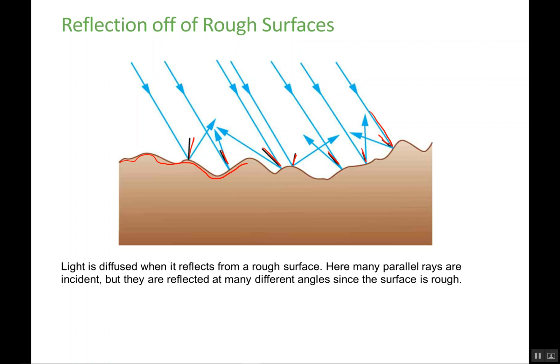So in each case, for each ray pictured in this figure, the ray is obeying the law of reflection, but because the surface is irregular and not flat, the reflected rays are diffuse. They diffuse in all directions. This is the type of reflection that happens off of most surfaces in the real world, including a white piece of paper and you.